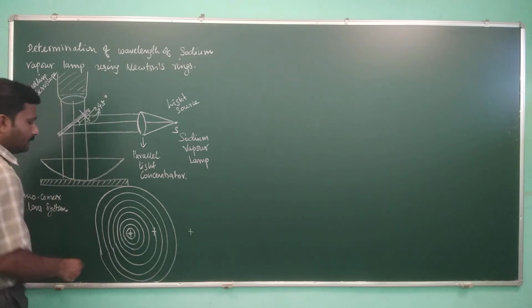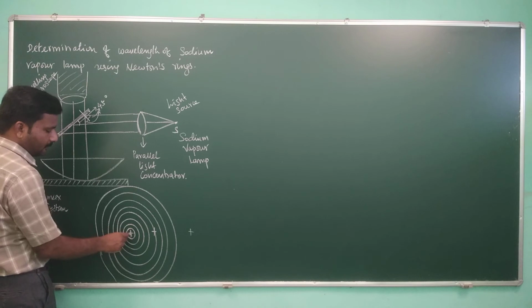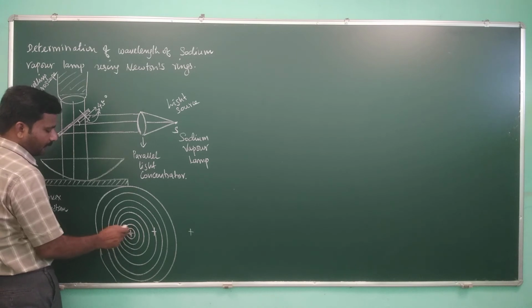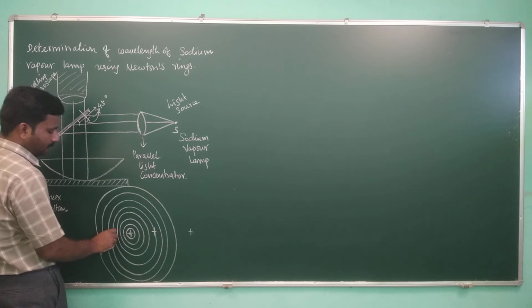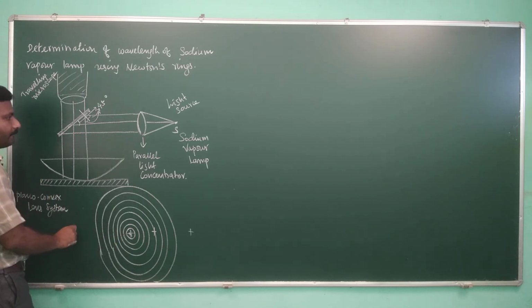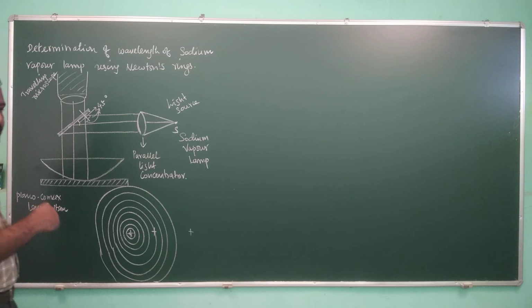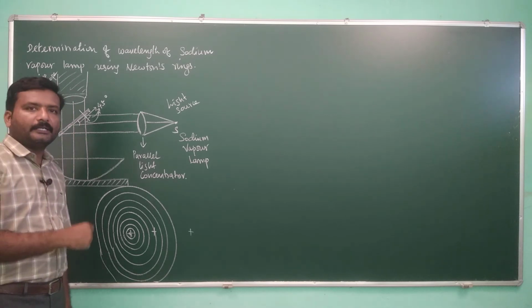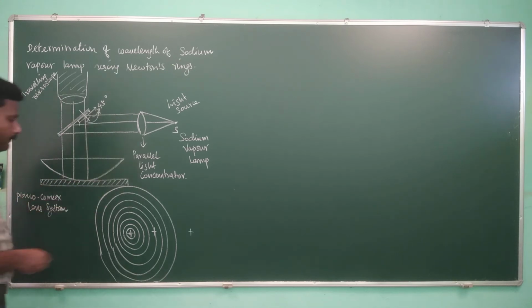Then, after taking 5 or 6 readings, come back to the center again, then move to the left. Again you take the reading for the 5th ring, 10th ring, 15th ring. So putting the crosswire on the 5th ring, 10th ring, 15th ring and so on, we have to note the main scale reading, vernier scale reading, total reading in the horizontal scale of the traveling microscope, right?